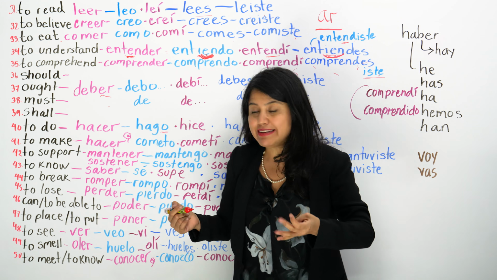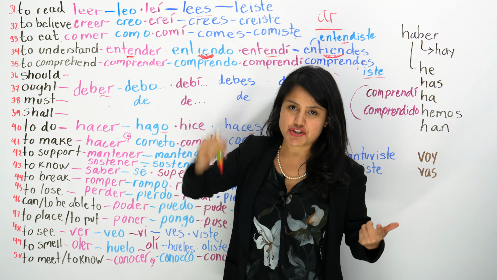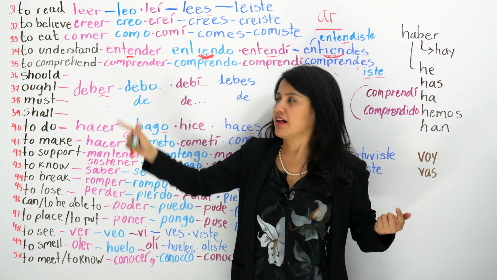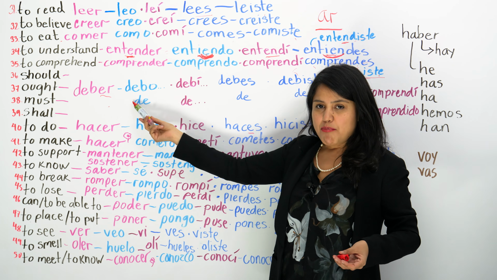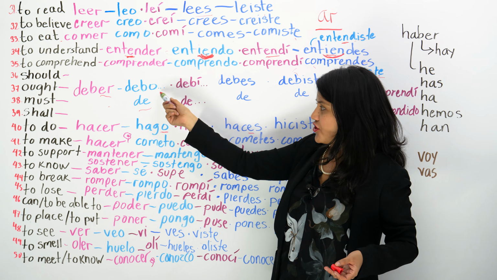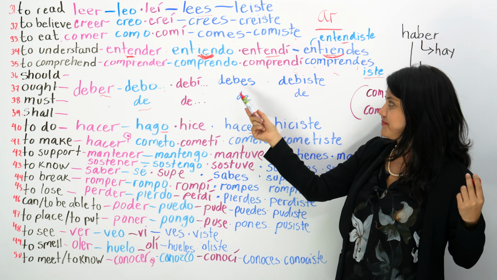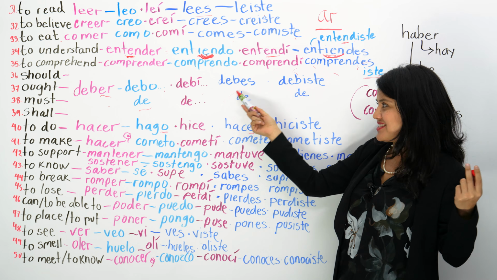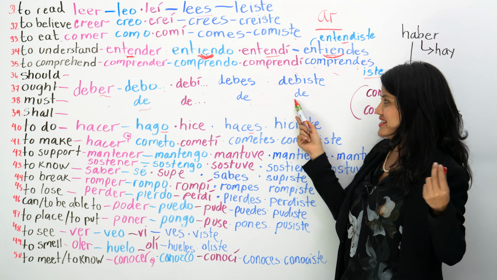But if you don't owe money, then understand the other meaning of deber, which is must, should, shall, ought. ¿Bien? Yo debo, o yo debo de. Yo debí, o yo debí de. Tú debes, o tú debes de. Y tú debiste, o debiste de.